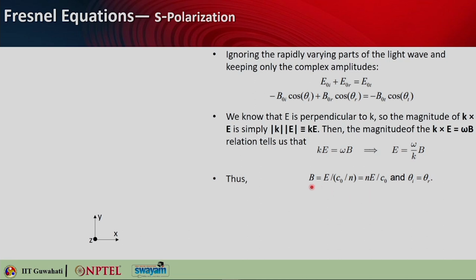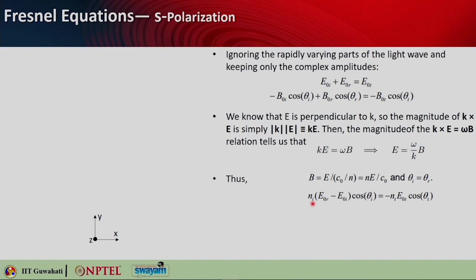So B, the magnetic field, can be written as nE over c naught, and we already know that theta I equals theta R. So with that, if you put it here, theta I and theta R are the same, so they can be written as theta I altogether. So you take cos theta I common. What you are left with, this term and this term, they are both converted into electric field now. So you get n_I common, and then you have E. Why n_I for both? Because both are in the same medium, n_I, right. Reflection and incidence are in the same medium.